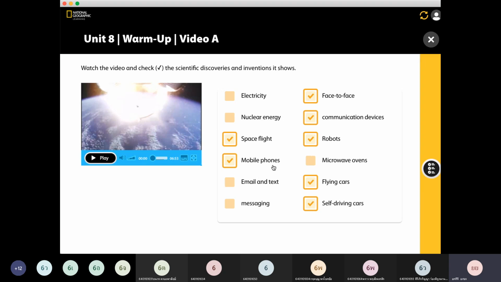You see flying cars as well, right? Now we can use FaceTime, and we can talk and see each other regardless of where we are, right? And they are developing self-driving cars as well, as you may have heard. So in the future, we just get in the car and you don't have to drive. You just say, yeah, we want to go somewhere, right?